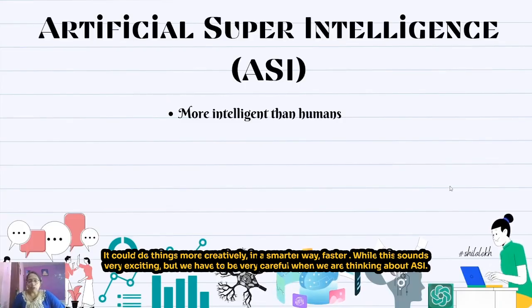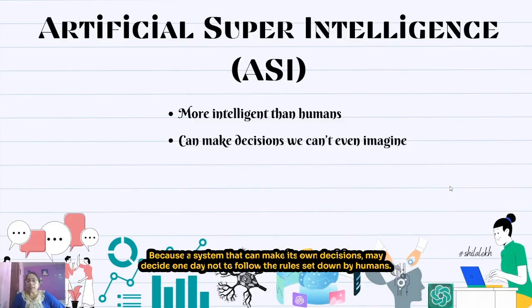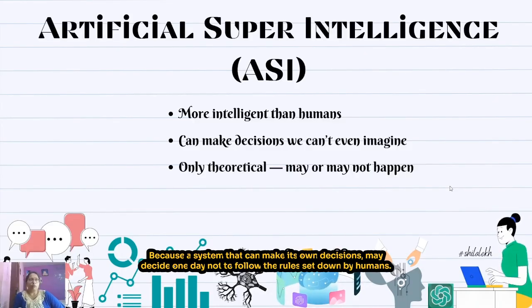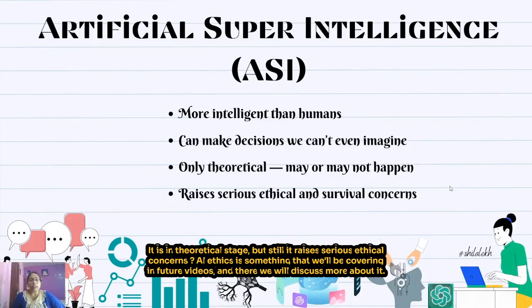While this sounds very exciting, we have to be very careful when we are thinking about ASI, because a system that can make its own decisions may decide one day not to follow the rules set down by humans. Do we really want that? Are we ready for that? It is in the theoretical stage, but still it raises serious ethical concerns.